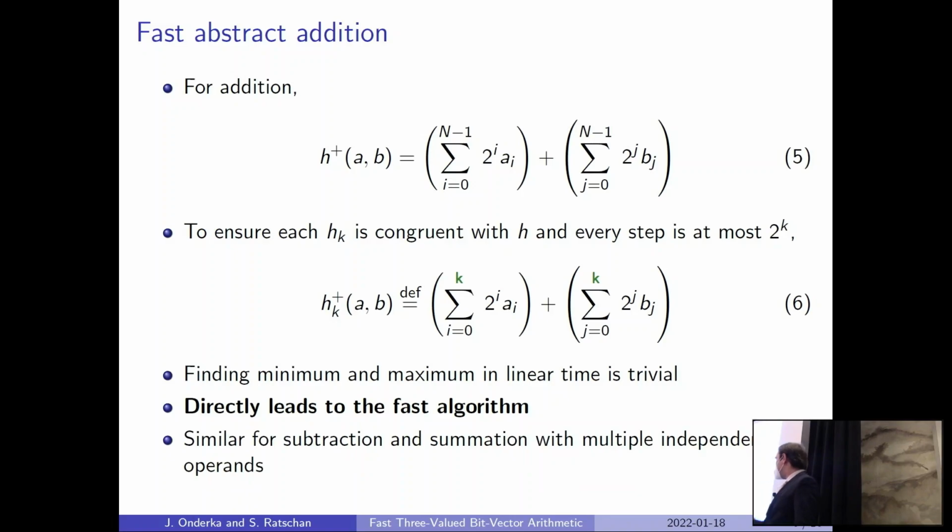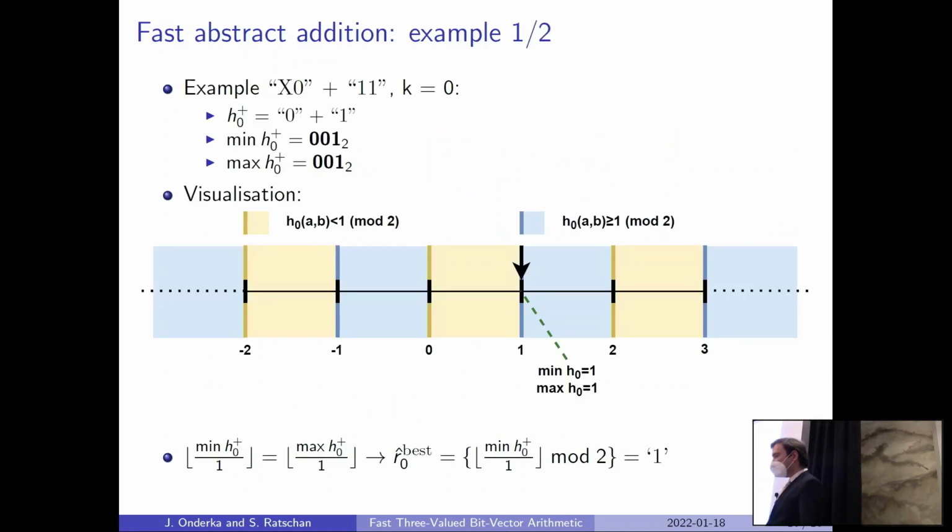And we can similarly do subtraction and summation with multiple independent operands. So that is very nice. And we can see the example of the fast abstract addition here. What we now need to do for the least significant output bit: we now have the h0, where we have tossed out the summands that are divisible by 2.